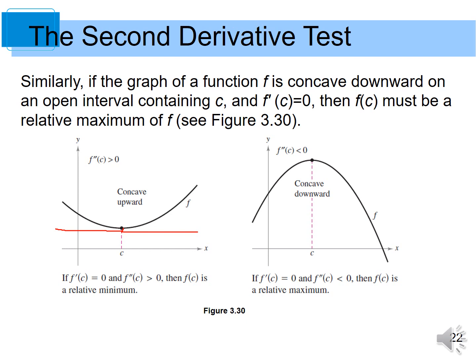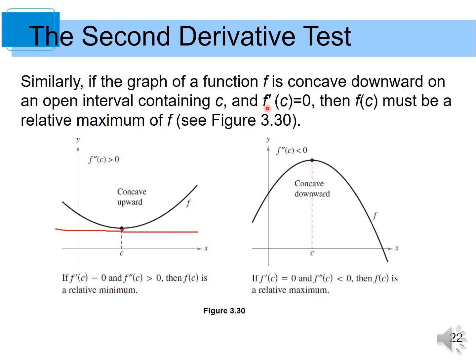So, for the second statement, if the graph of a function f is concave downward, look at this, the curve is concave downward. So, f double prime of c is less than 0 on an open interval containing c. So, this is the point c, and f double prime of c is a negative value, so the curve is concave downward.